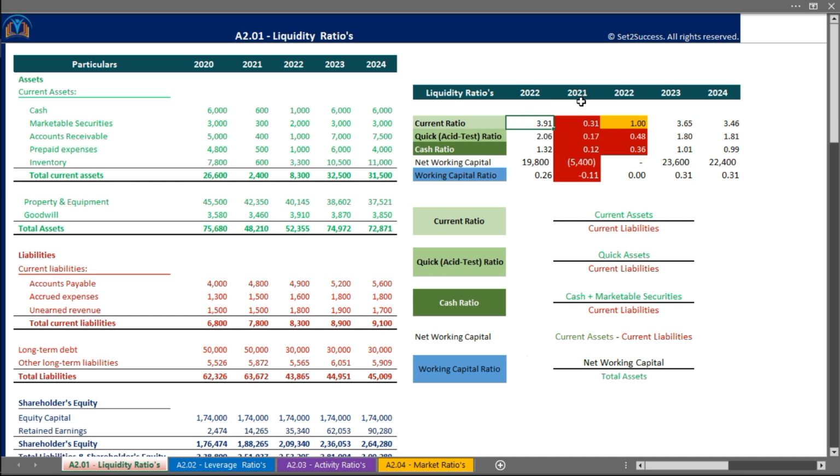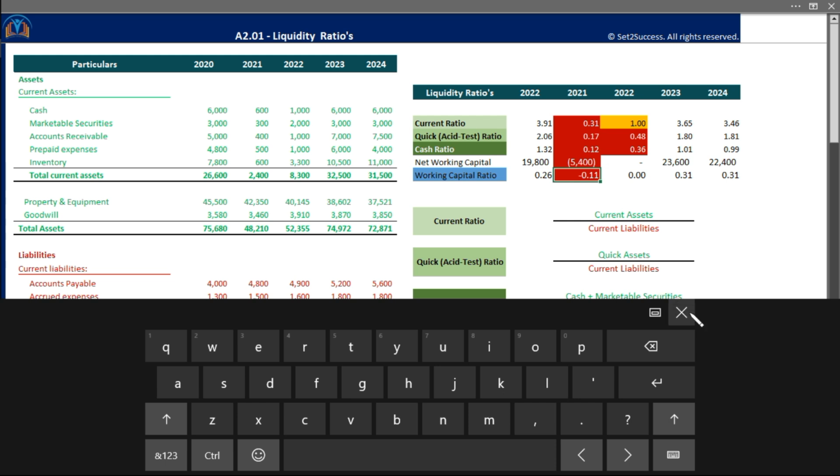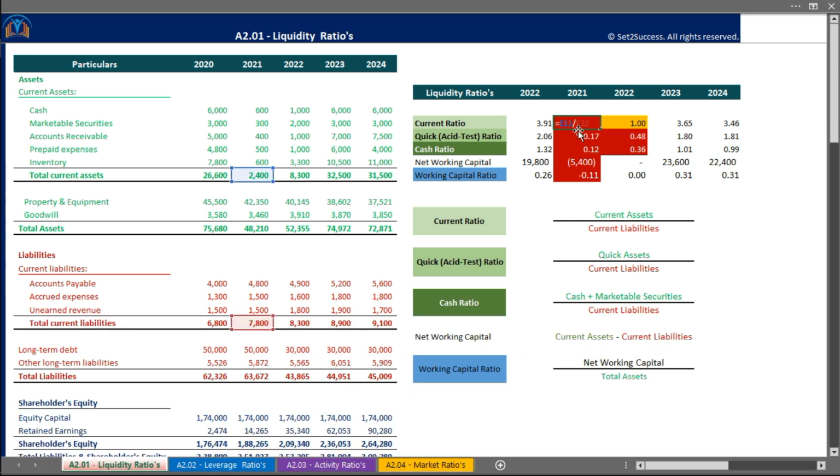Now in 2021, what happens? The ratio decreases. What is the ratio? The ratio is 0.31. 0.31 means your total current assets are 2,400 by total current liabilities 7,800.